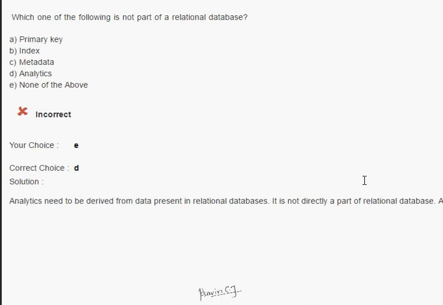As far as the relational database is concerned, analytics is not a part. It belongs to an online analytical processing system, not to the relational database.